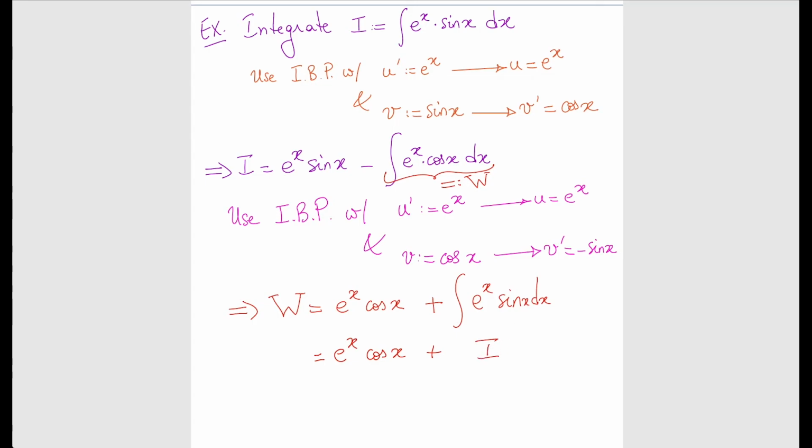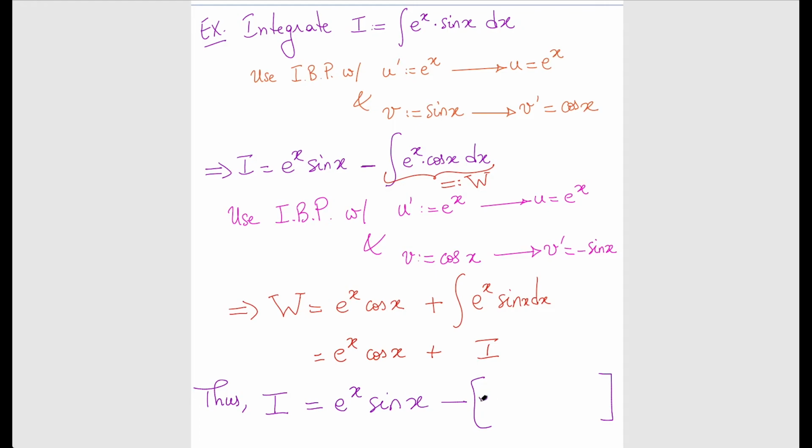So putting things together, we can say that I is equal to, I'm talking about this equation, I is equal to e^x sine x minus W, right? And how much is W?